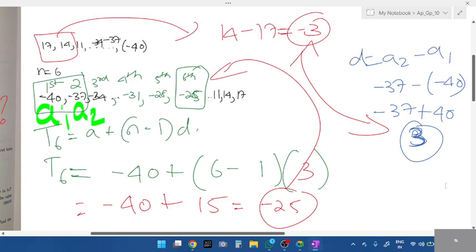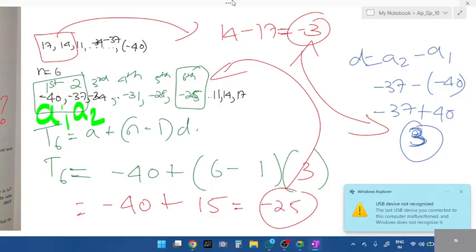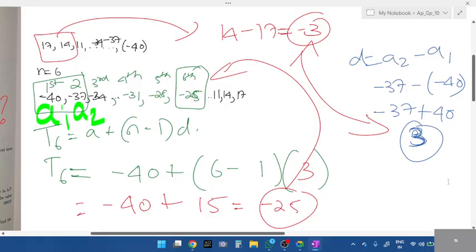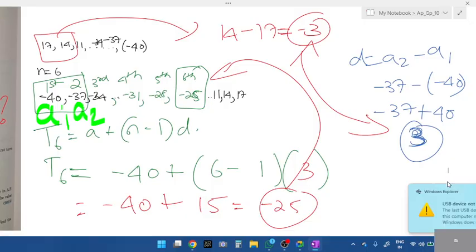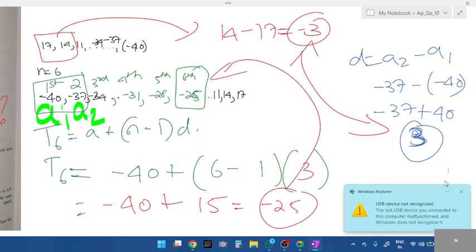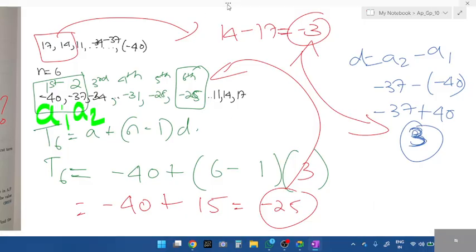That's it. This is how we have to solve it, students.